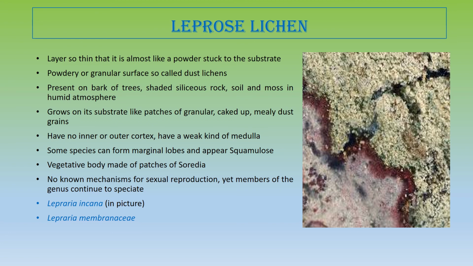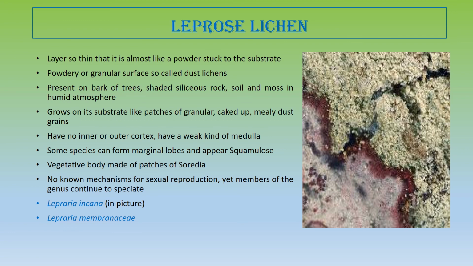It is homomerous in structure, that is, it has a single layer of loosely interwoven fungal filaments with algal cells inside it, and it does not have any upper or lower cortex.